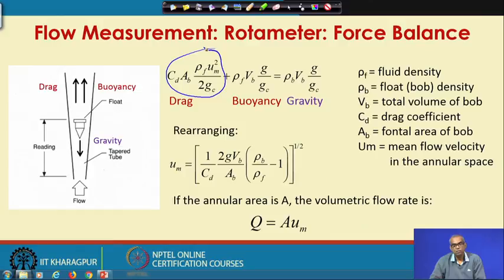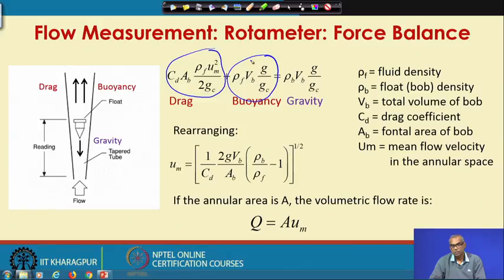Buoyancy is the volume of the float multiplied by the density of the fluid, because the float will displace a liquid which has the same volume as the volume of the float. So, if V_v is the volume of the float or volume of the bob and rho_f is the density of the fluid that is passing through the rotameter, the buoyancy is rho_f V_v.